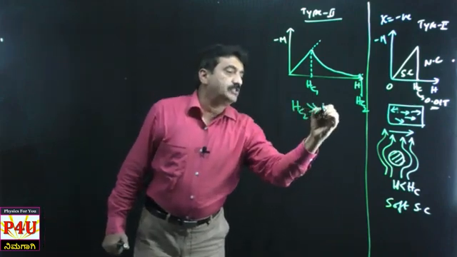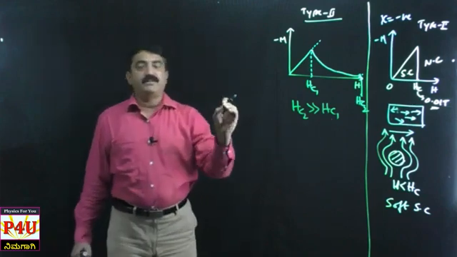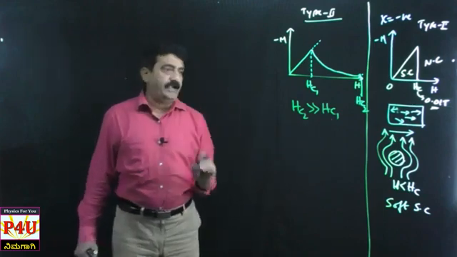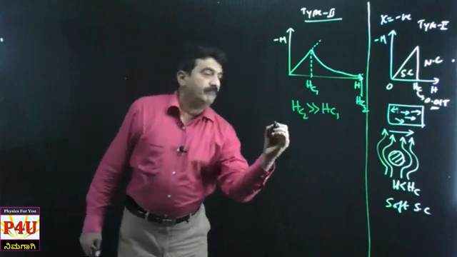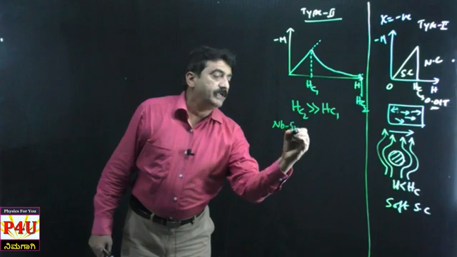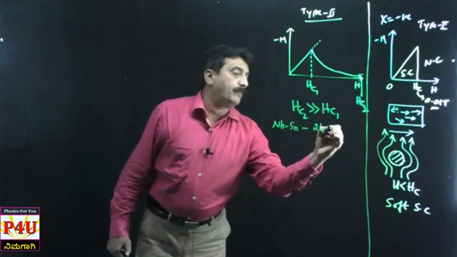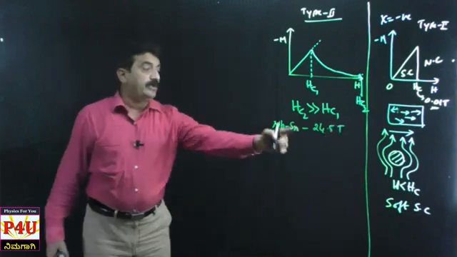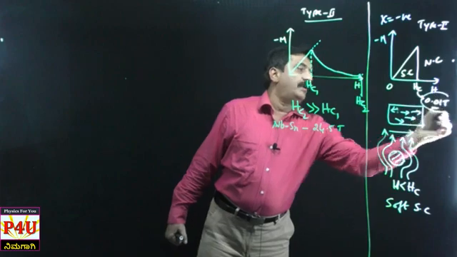Hc2 is very much greater than Hc1. Hc1 is about 0.0102 like that. Hc2 is very, very high. For example, we have niobium tin having an Hc2 value around 24.5 Tesla. Look at 24.5 Tesla, whereas this one is 0.01 Tesla.